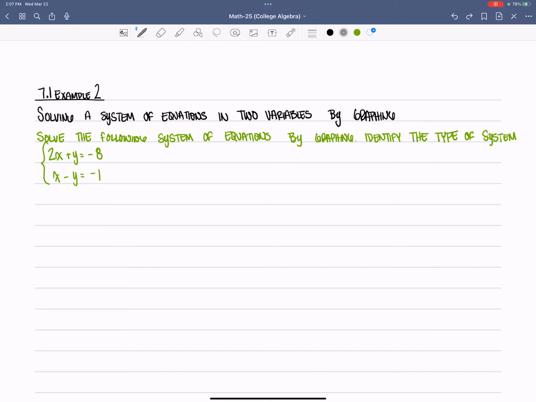So let's start graphing. We'll do this first one, equation 1, in gray, and we'll see what we can do with equation 2. So just drawing a graph. With equation 1, let's solve this using our intercepts.